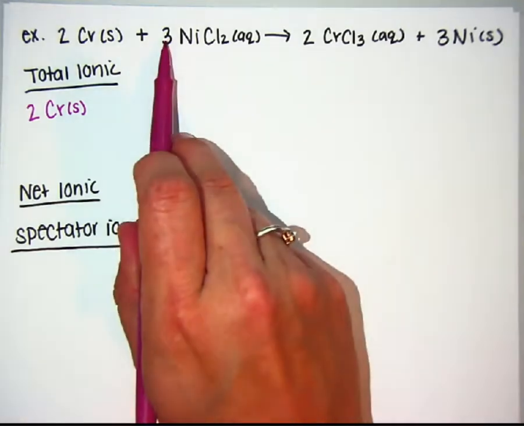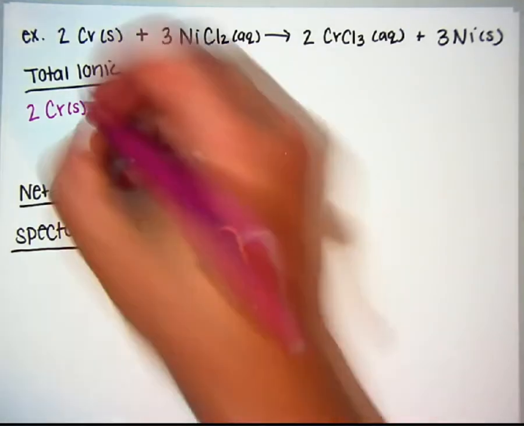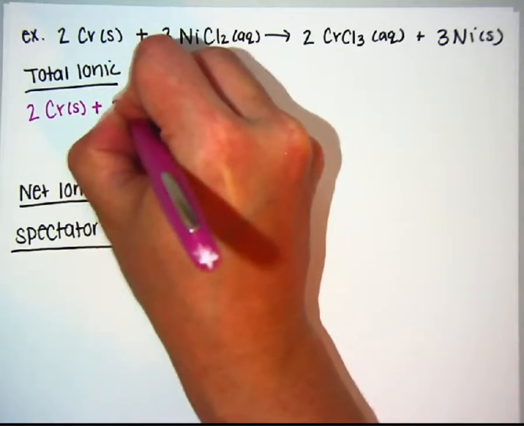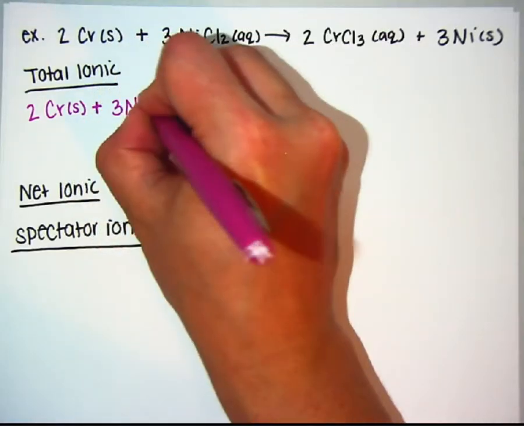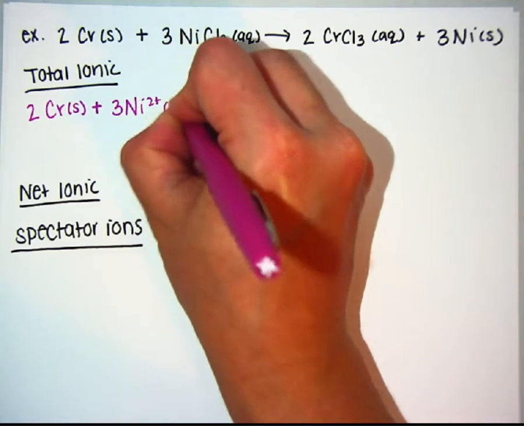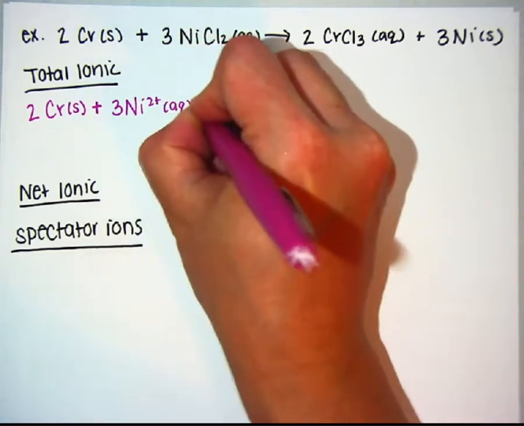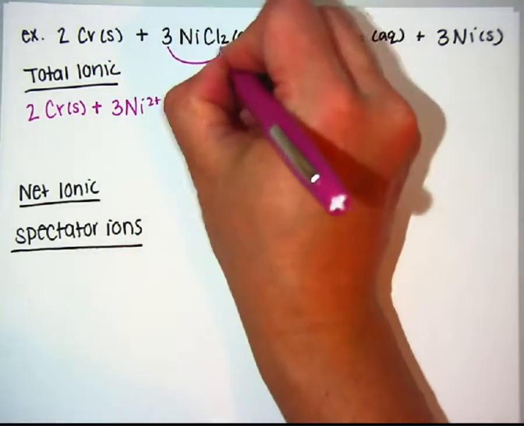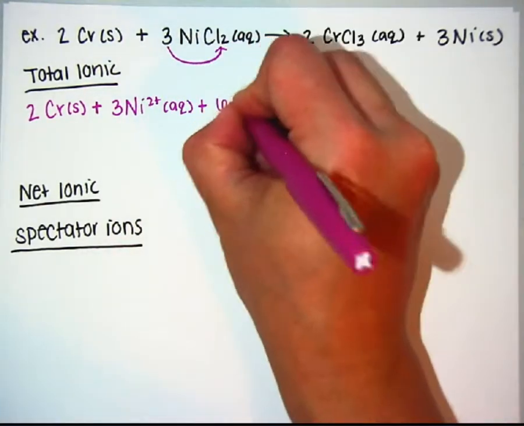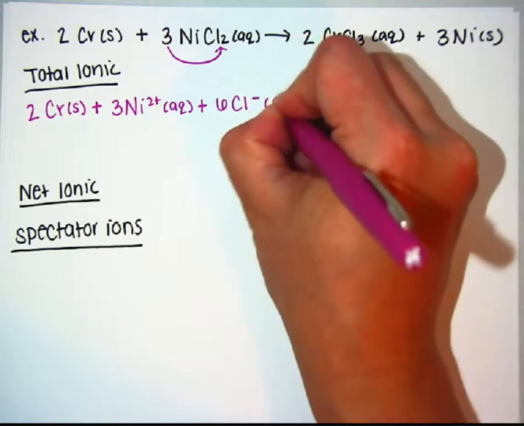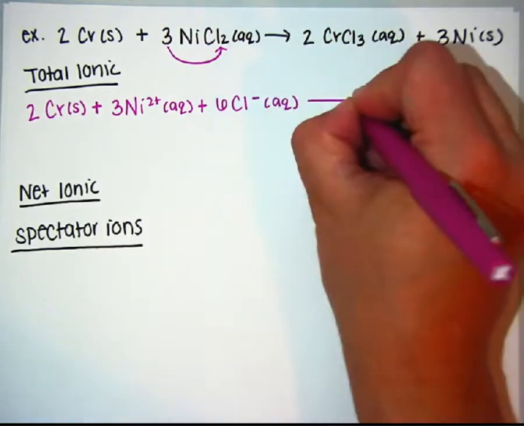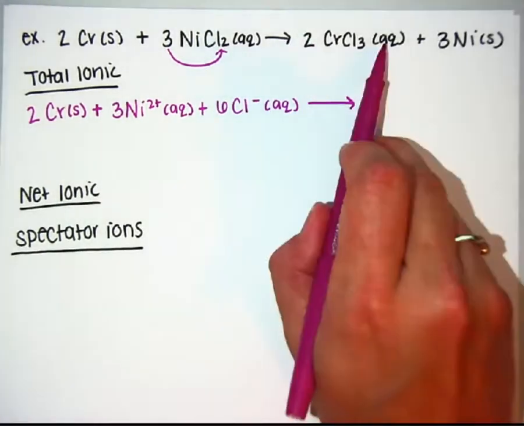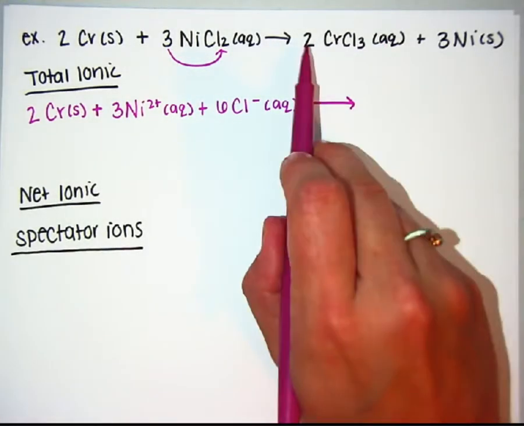I have 3 nickels, and this is an aqueous compound, so it's going to dissociate. I have 2 chloride ions, but again, that 3 gets multiplied in, so I have 6 Cl minus. On the product side, aqueous solutions dissociate into ions.